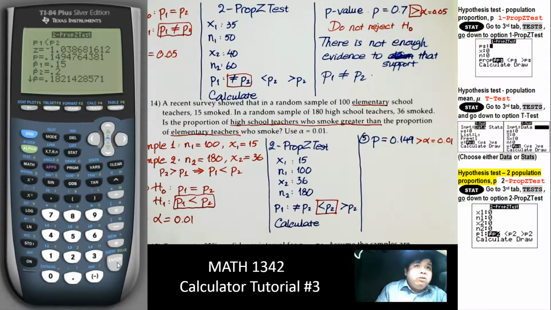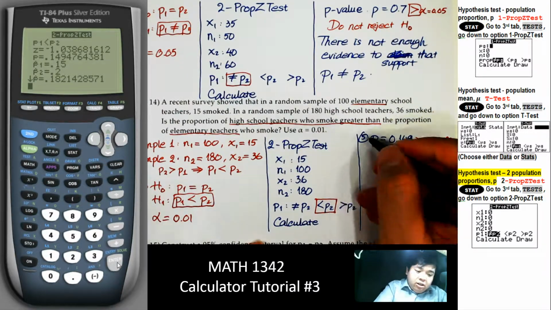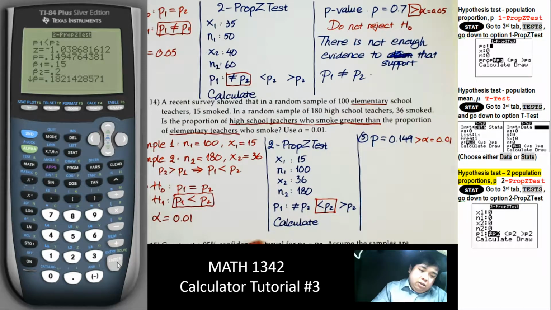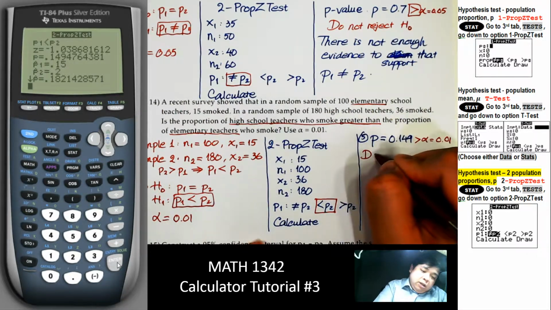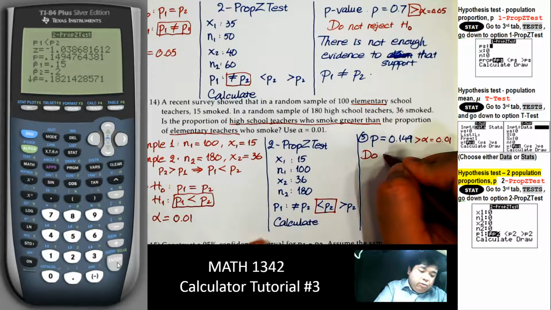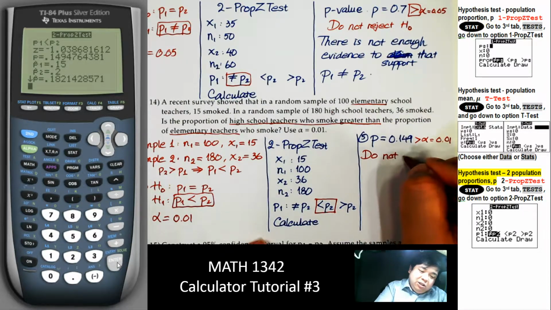If it is bigger than alpha, we do not reject it. We only reject if it is smaller.